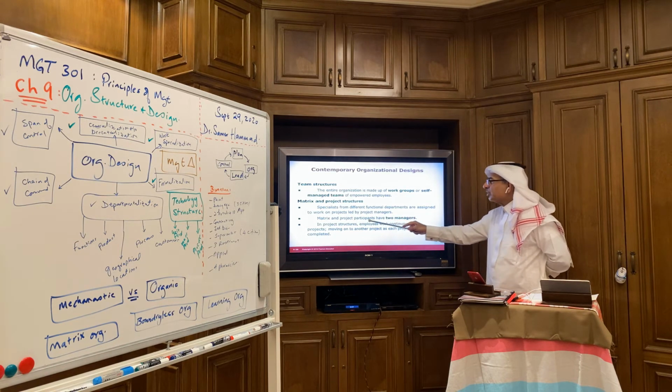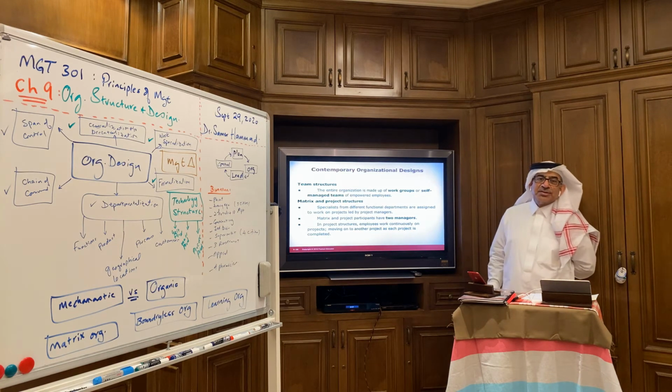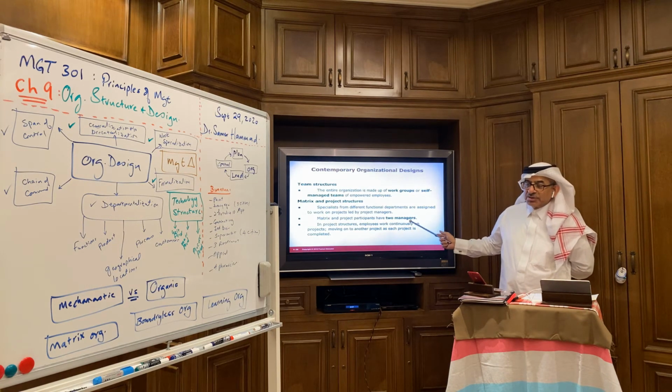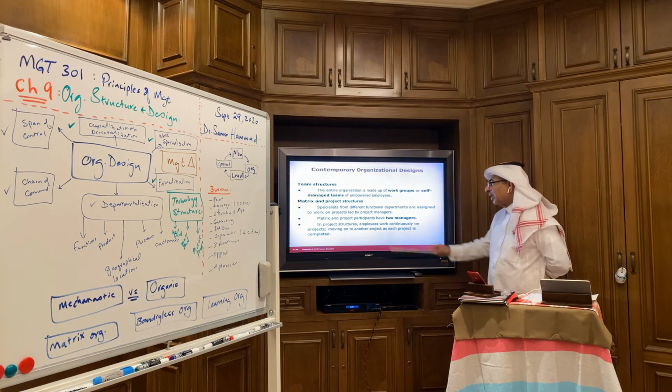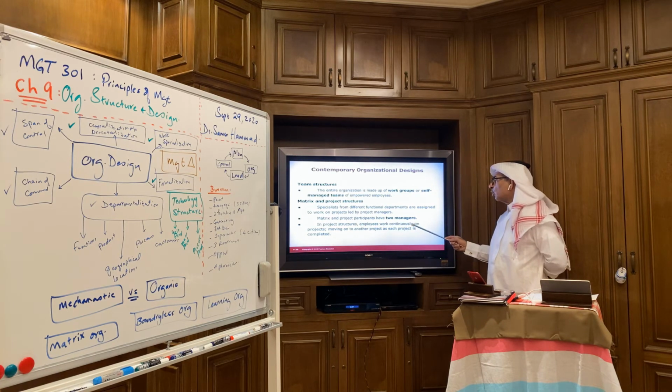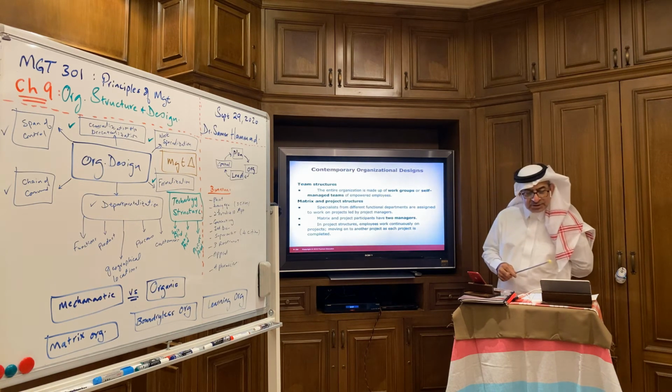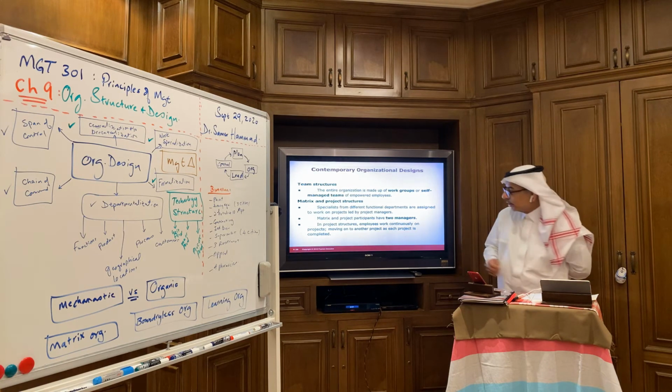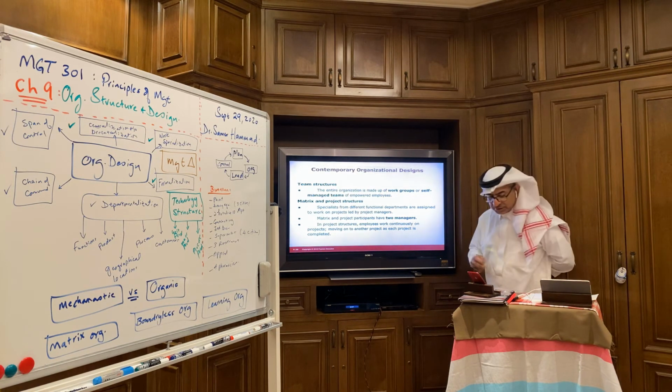In a matrix, project participants have two managers. Therefore, in the matrix organization, a person may have two managers. In project structure, employees work continuously on a project, moving on to another project as each project is completed.